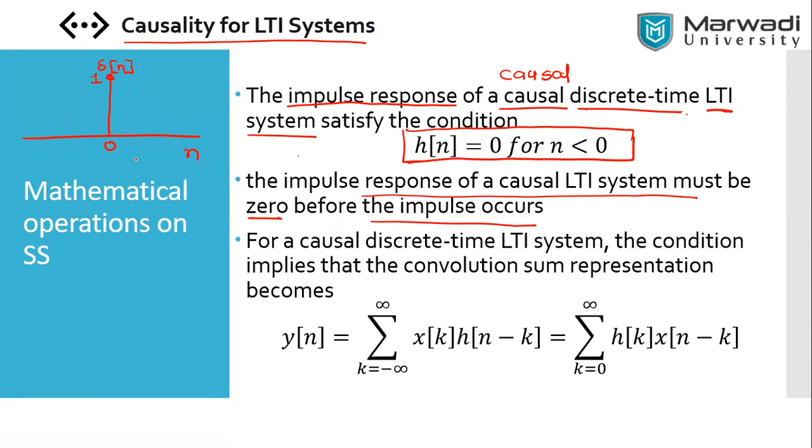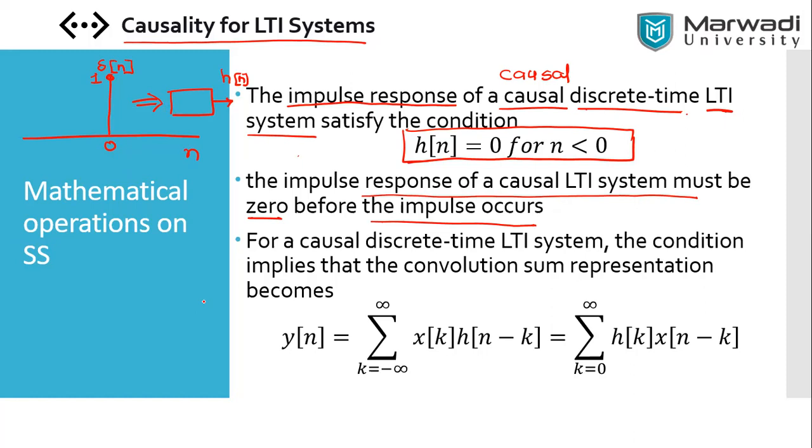How can the impulse response, that is the response of the system when an impulse is applied, exist before the impulse is applied? Understand? What is impulse response? When you apply this to the system, the output that you get is your impulse response. How can impulse response exist before the impulse is applied? Understand?